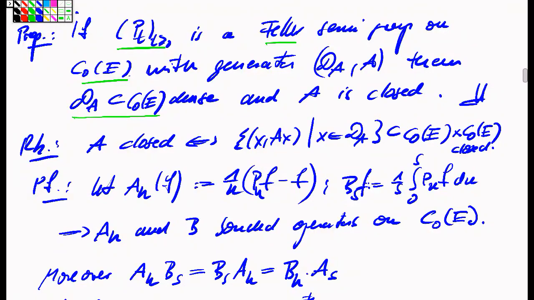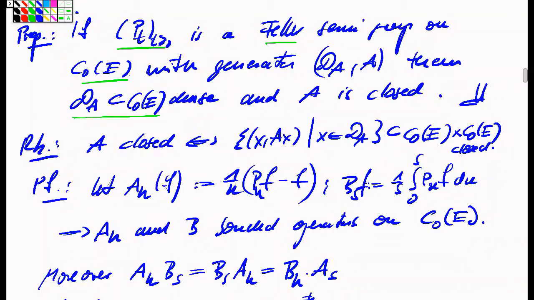So remember our example of Brownian motion there, the domain of definition for the operator A was those functions which are not only continuous, but even continuous including their first and second derivatives. This is a strict subset of all continuous functions, but it's a dense subset with respect to the uniform topology.